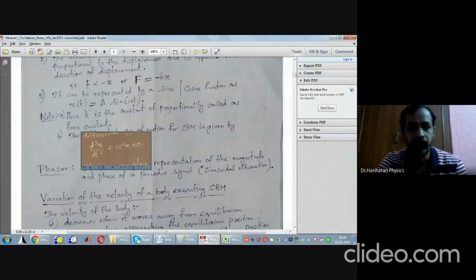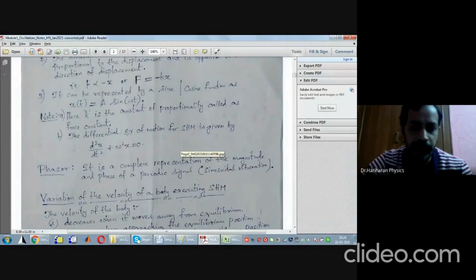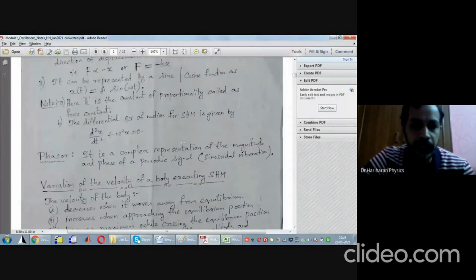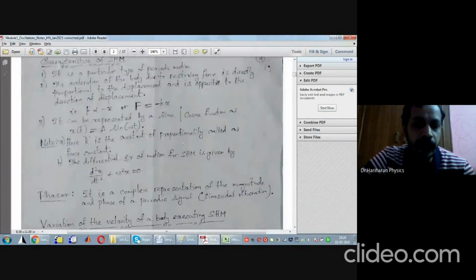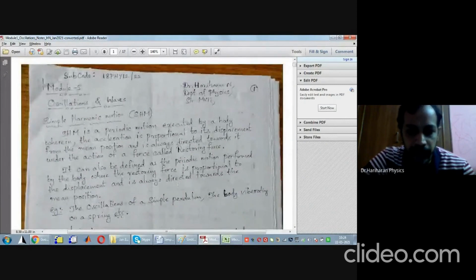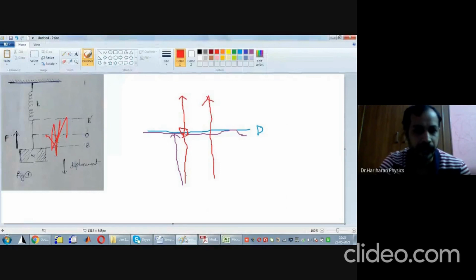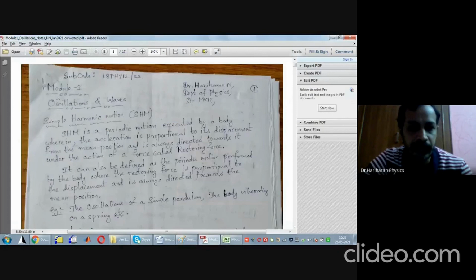I think I'll stop here for today. In the next class we will look at the theory of free oscillations and damped harmonic oscillations. So what are the things we did today? By considering a particle of mass m attached to a spring, as you see in my figure here, we discussed the following definitions.